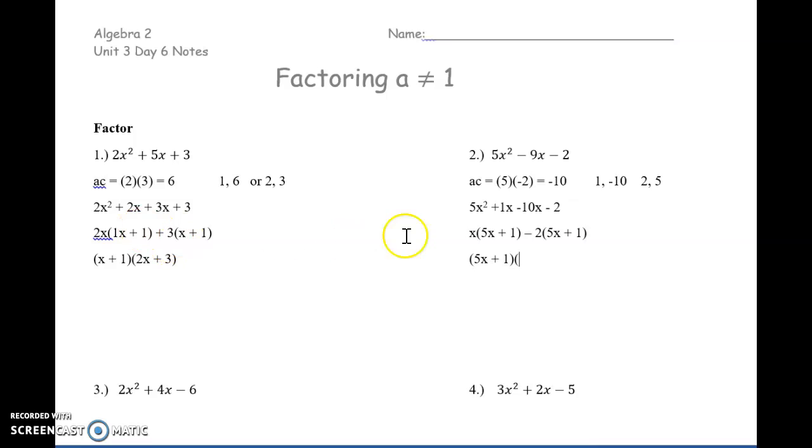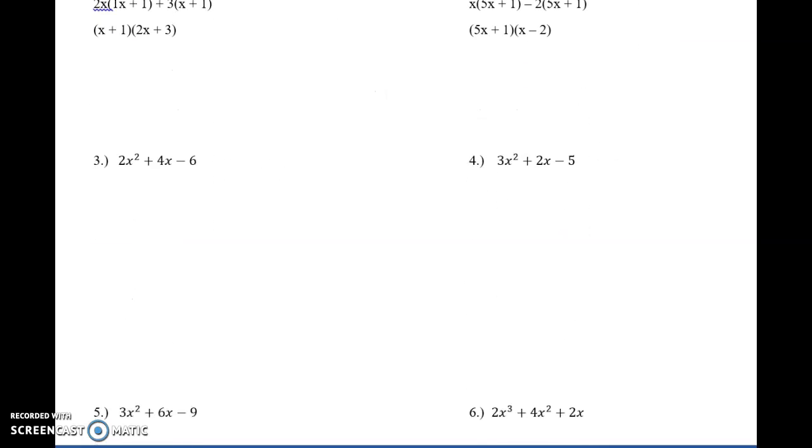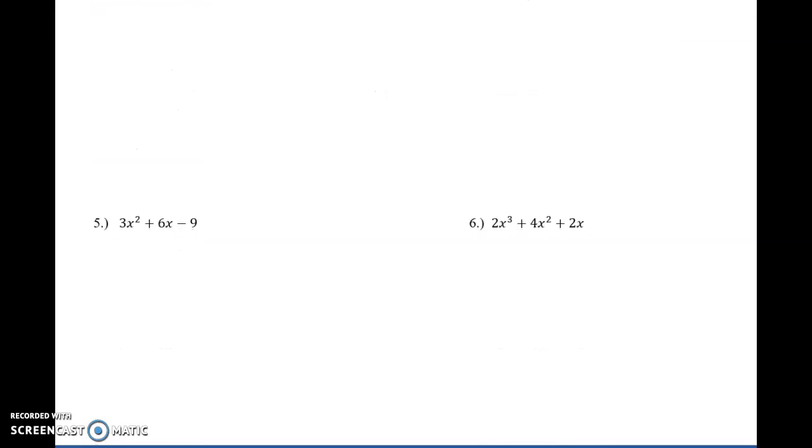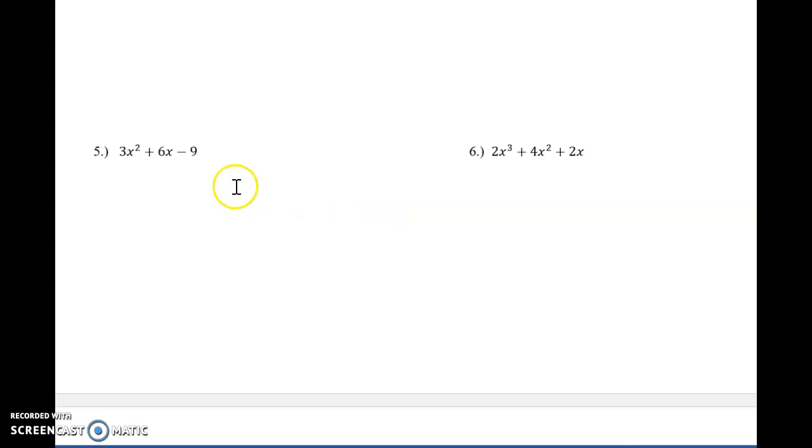And then in the second parentheses, I'll put what I had on the outside, x minus 2, coming from in front of both of those parentheses. And so that is my factored form of this quadratic. If I multiplied it back together, because those are factors, I would get this.